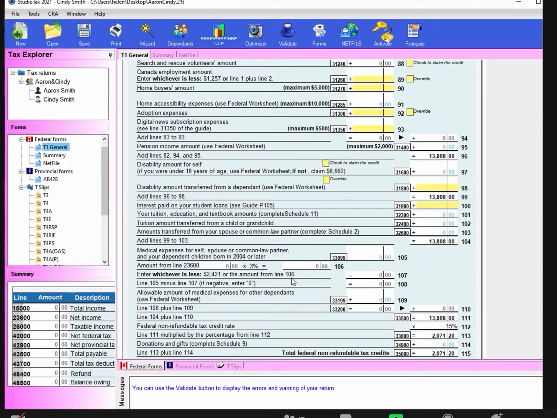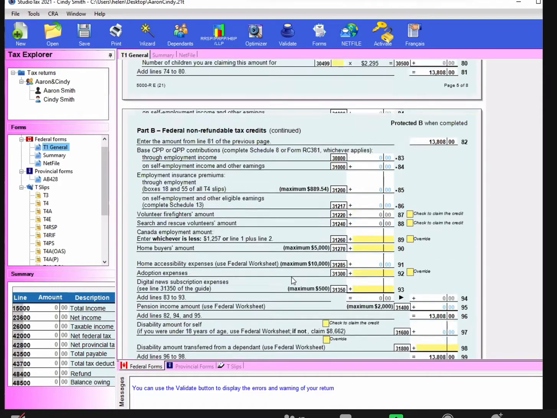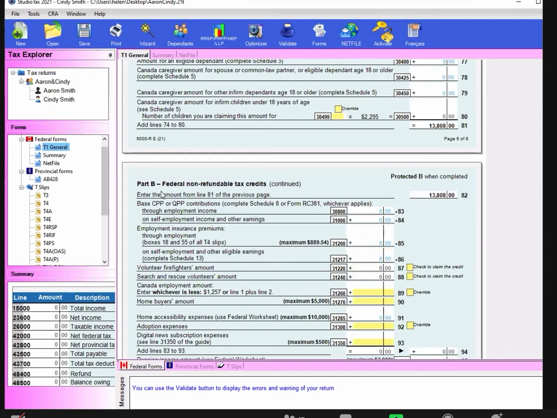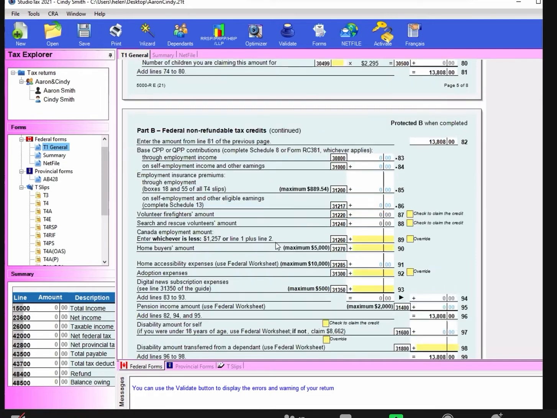That's one point. Another point, okay? Part B. Medical expenses is a federal non-refundable tax credit, as I said. So you said it's beneficial for the person with low income. But if the person's income is too low, like yesterday, Cindy's income is 12,000.